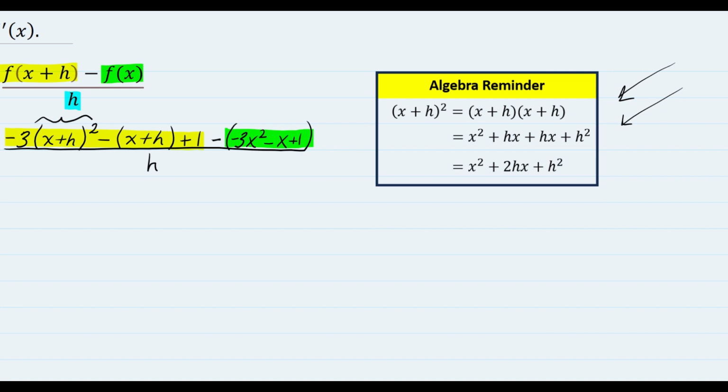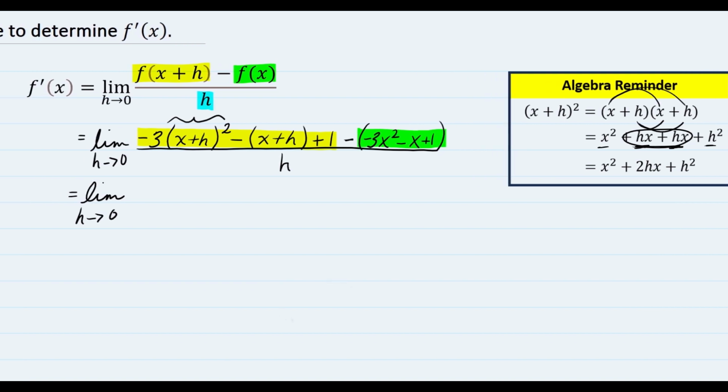So when you do that, our first gives us our x squared, and then our outside gives us our h times x, and if you put xh, it doesn't matter, same thing, just keep it consistent. And then again, your h times your x for the second one, and then the last is where your h squared comes from. By doing that, these two in the middle give you your 2hx. And so that is what we are going to have to include in our next step of the problem.